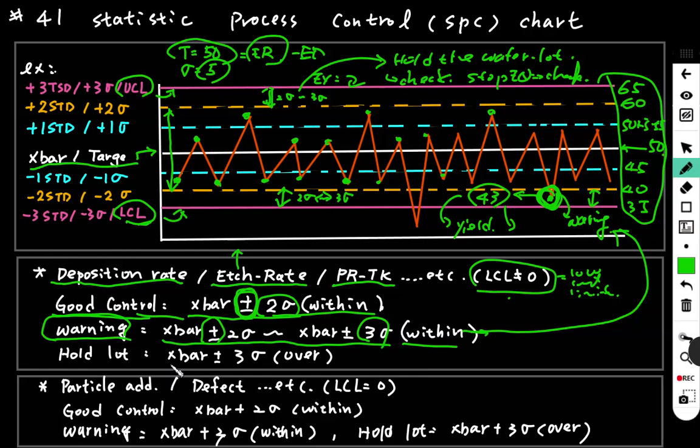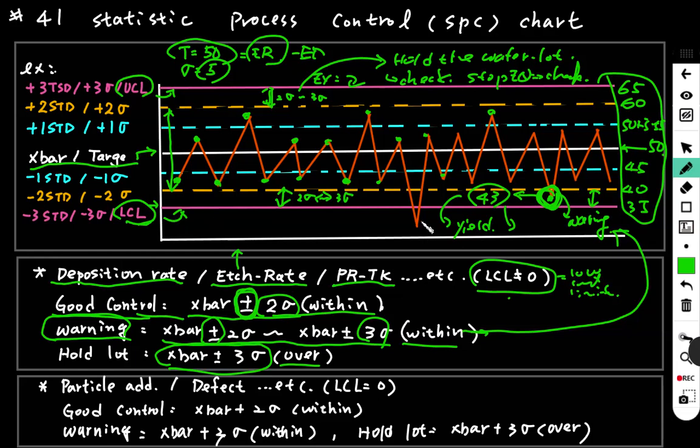And over 3 sigma, X bar positive or negative 3 sigma over. The 3 sigma line we call the up control limit, and the minus 3 sigma line we call the low control limit.